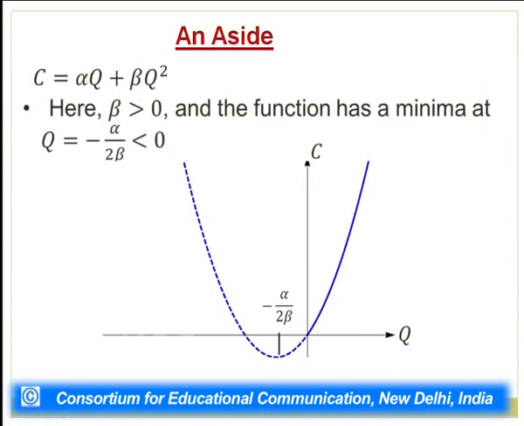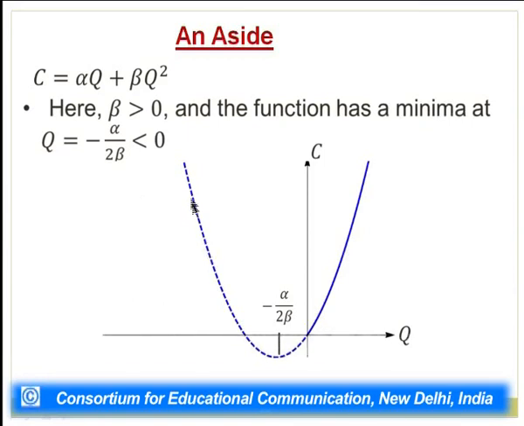So this is a cost function which will have a minima at q equal to, using the formula I told you in one of the earlier slides, minus the coefficient of q, which is alpha, divided by 2 times the coefficient of q square, which is beta. That is to say, the cost function achieves its minima at minus alpha divided by 2 beta, which you can see is less than 0 because both alpha and beta are positive.